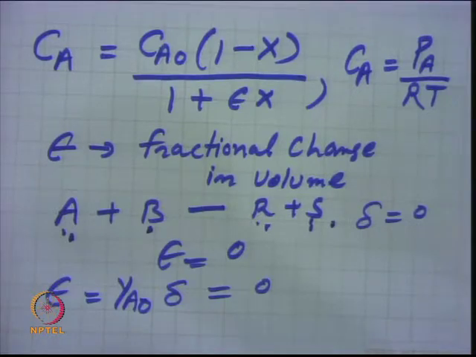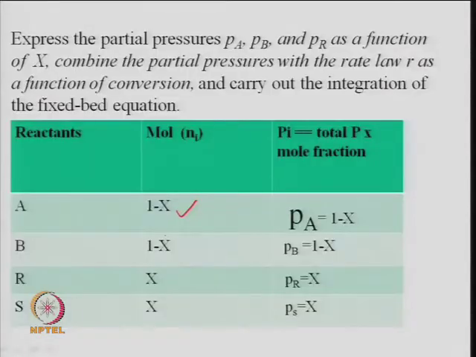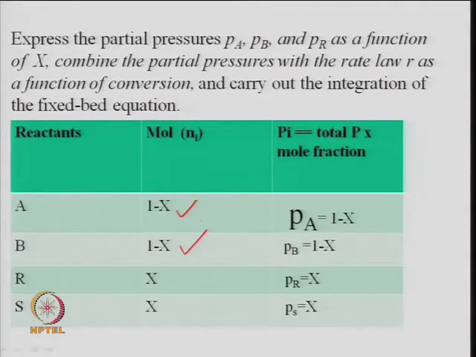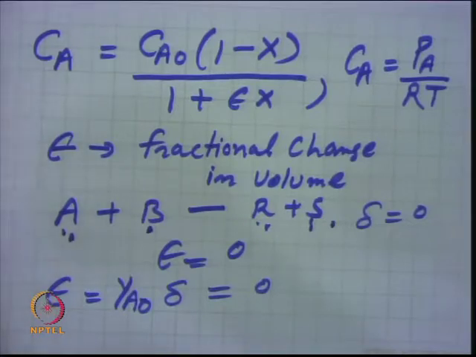So, at any time t or given conversion, it is now 1 minus x. Since 1 mole of A is stoichiometrically fed, 1 mole of B will also be fed, right. So, moles of B left is again 1 minus x, at any length of the reactor Z. 1 mole of A reacts, so 1 mole of R will form.